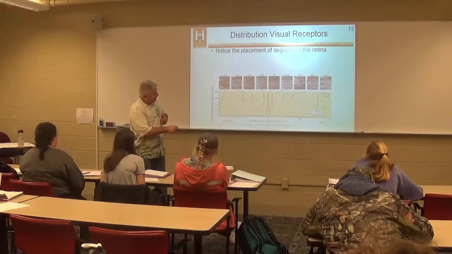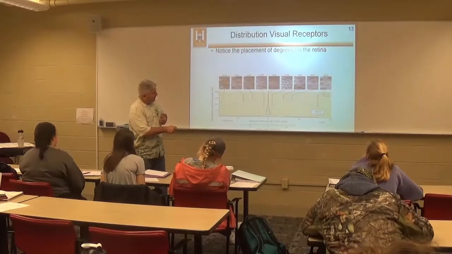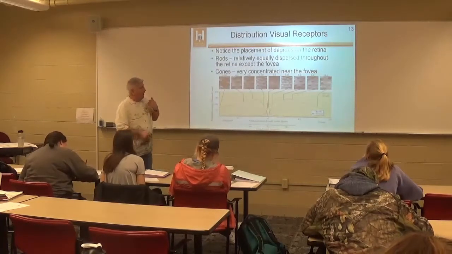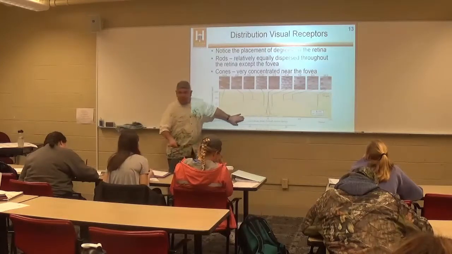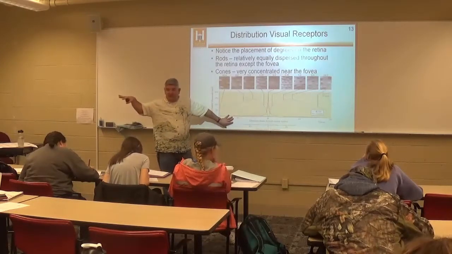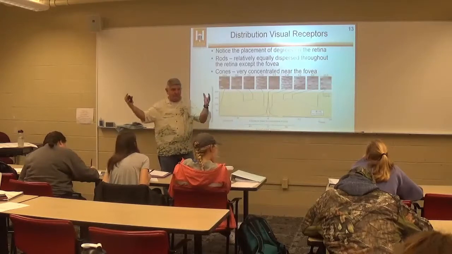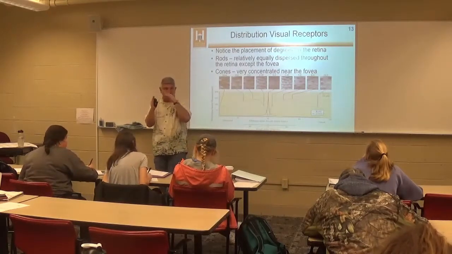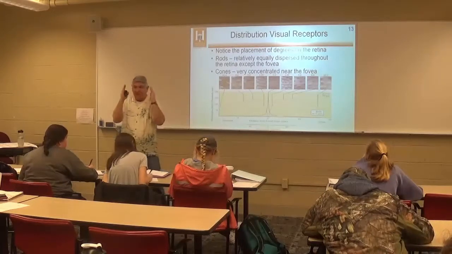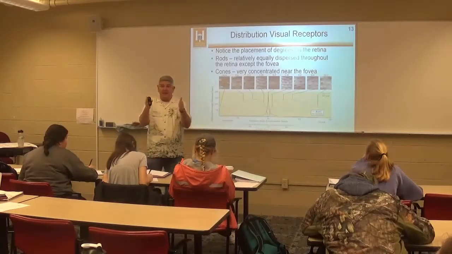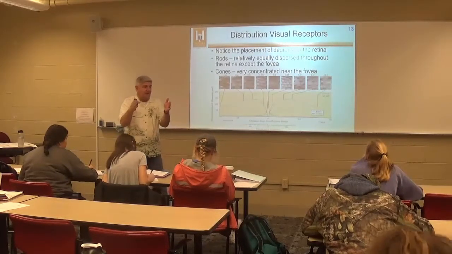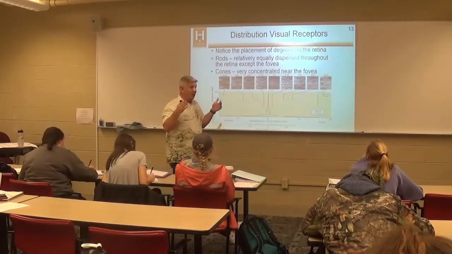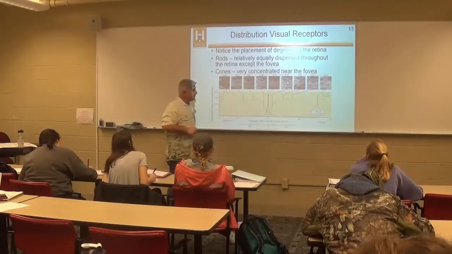Rods are bigger, you can see them here, and the cones are packed in and around the rods. Conversely, out in the periphery, we have fewer cones. Limited resources, we can only fit so much in there. We concentrate the cones in our center of vision. That gives us our best color, detail, discrimination, sensitivity right in the center of our vision, and less out here.